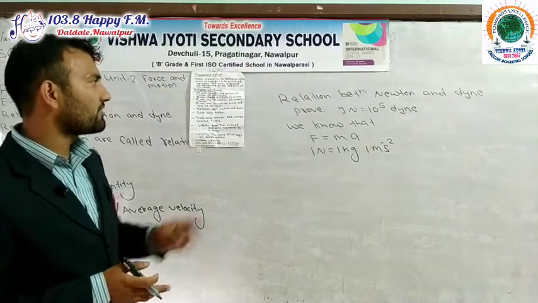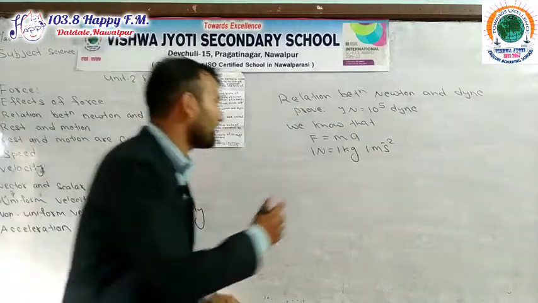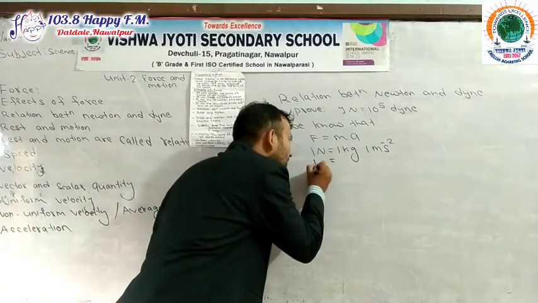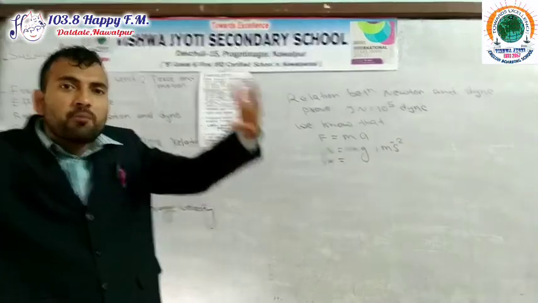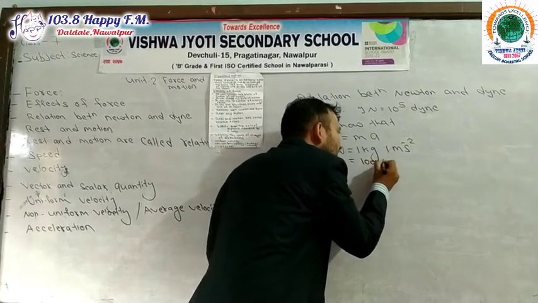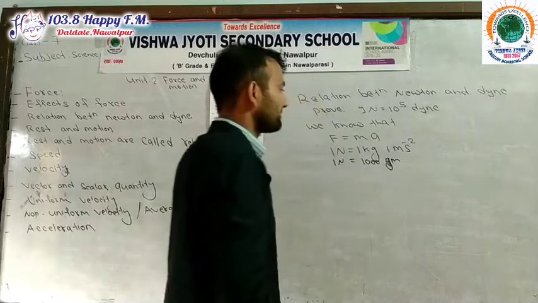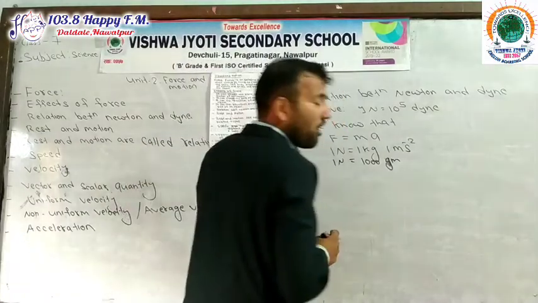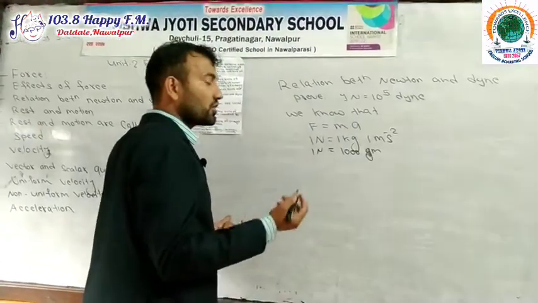1 Newton, how many dyne? 10 to the power 5 dyne. We know that F equals ma. Now what do we change it to? We change it into CGS terms. 1 kg equals how many gram? 1 kg equals 1000 gram. 1 meter equals 100 cm.